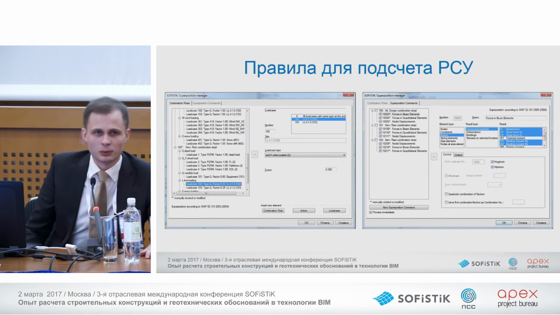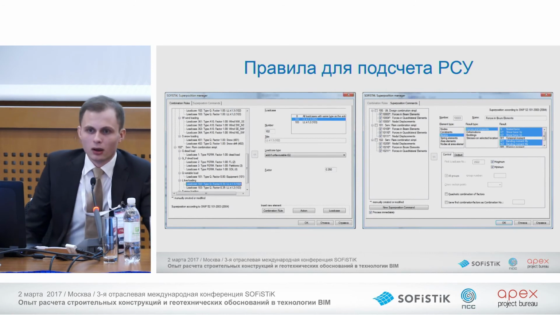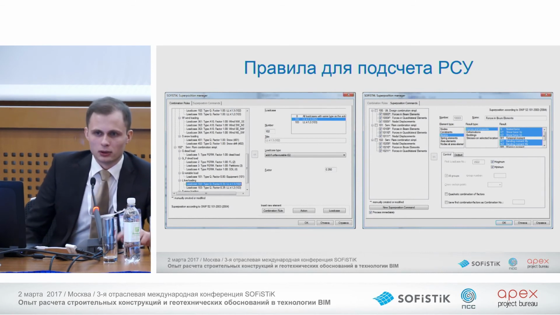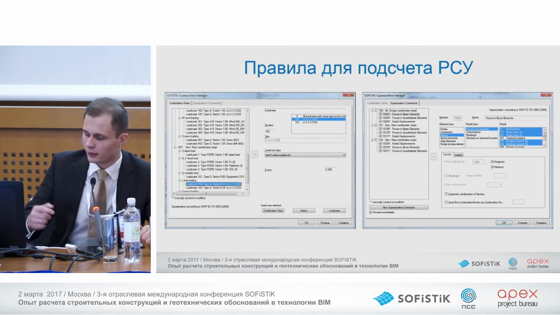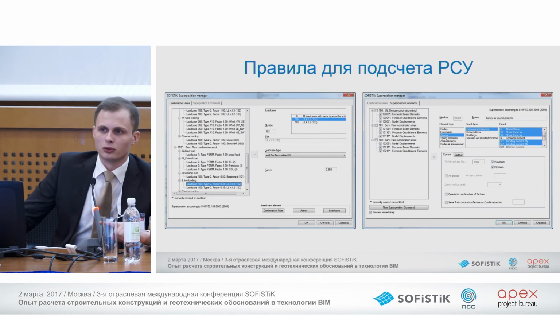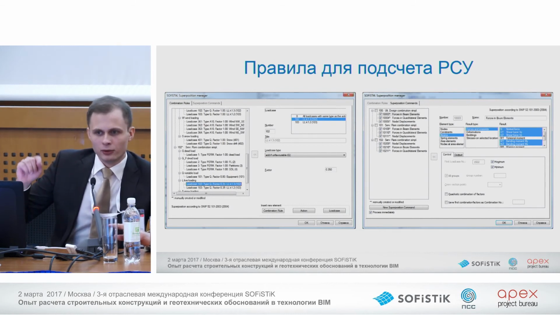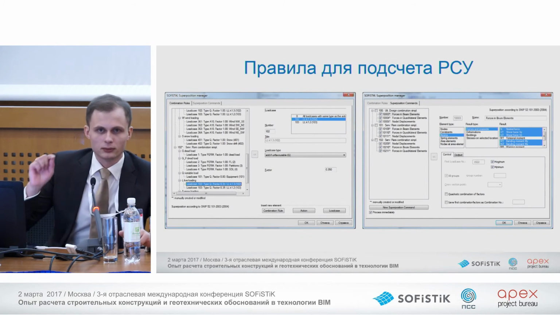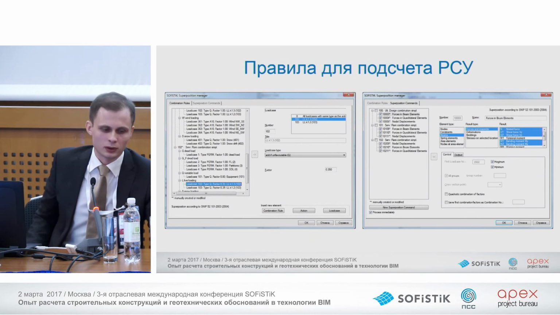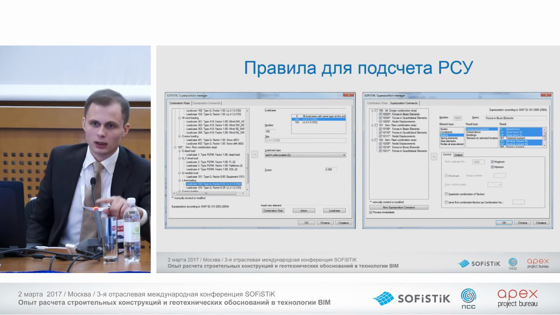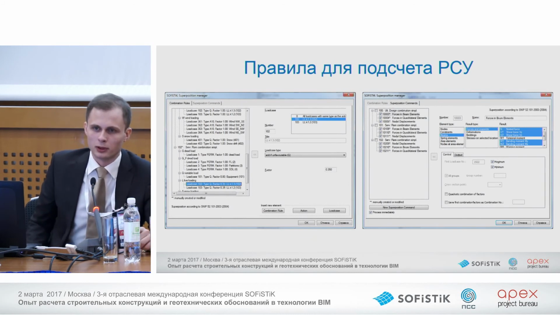Joint loads, mutually excluding loads, and besides, you have to divide them with due regard of the later calculation. So, for example, if you have a slab, you have to use group 1 combinations.